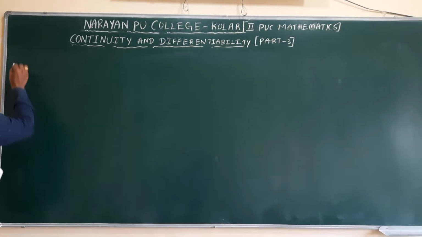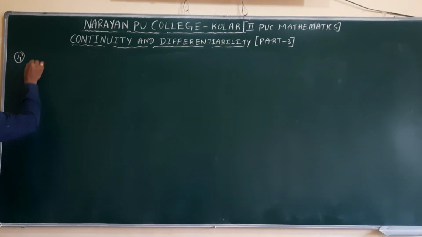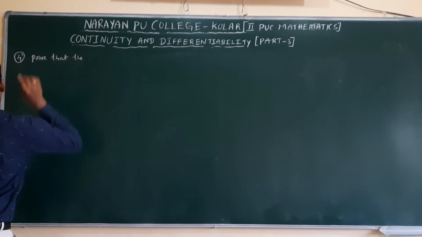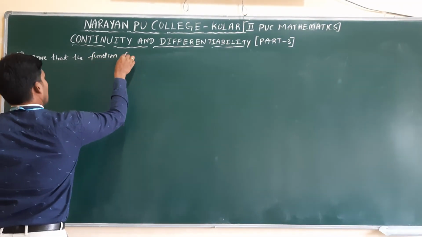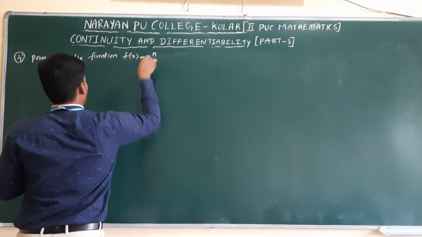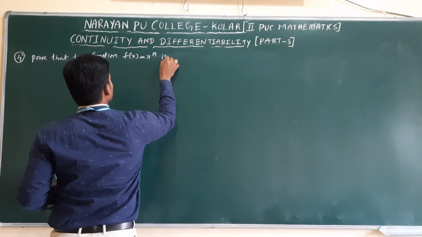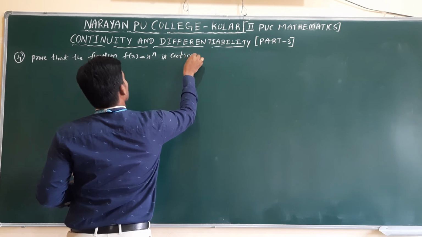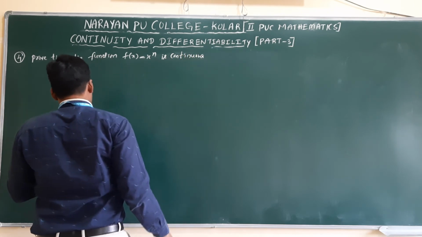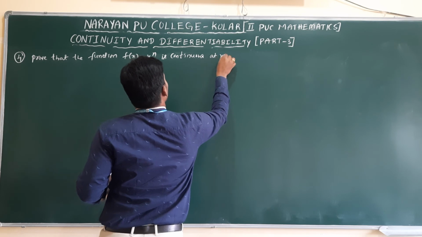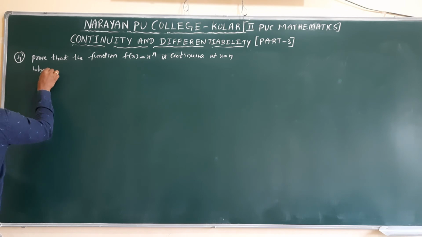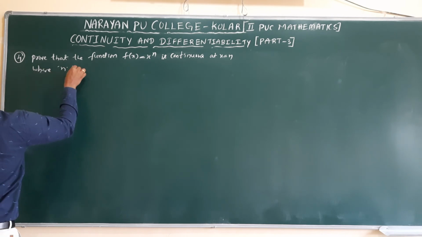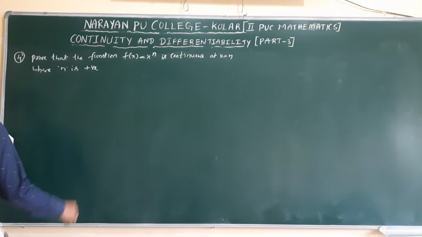Next, question number 4. Prove that the function f of x equal to x power n is continuous at x equal to n, where n is a positive integer.